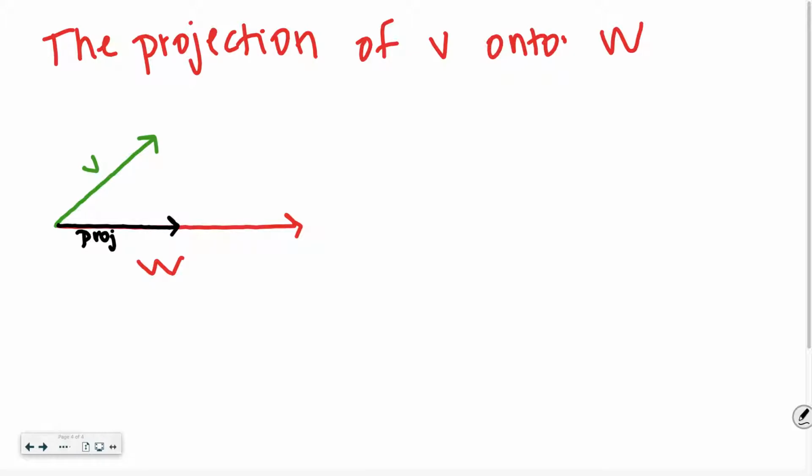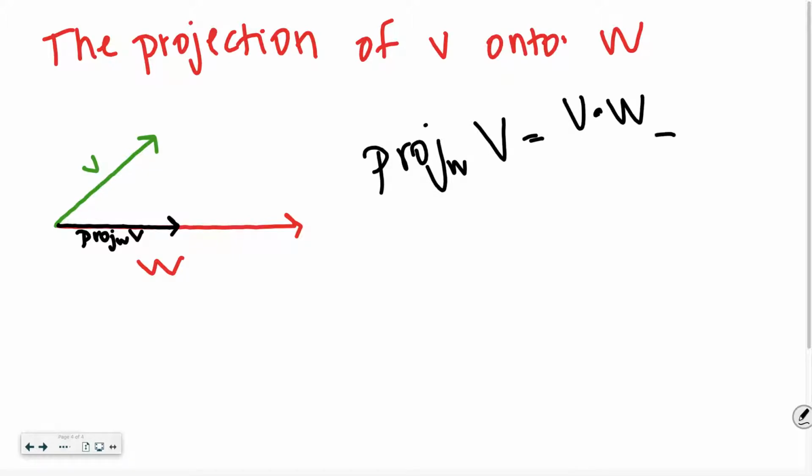This is the projection of v onto w. The little subscript is w, and v is the regular font. Write it down and then we'll talk it through.